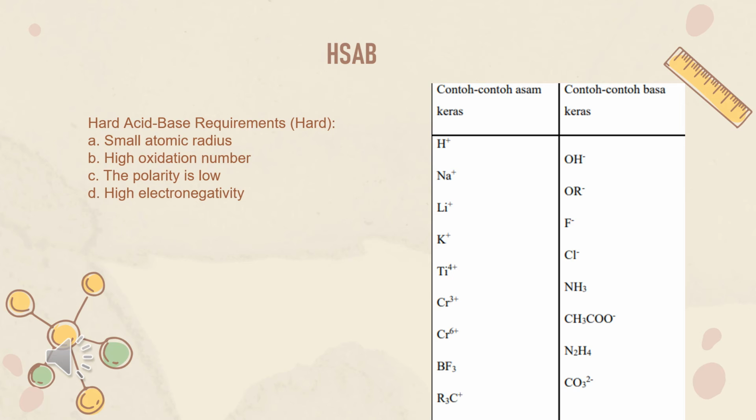Okay, and then the requirements for a hard acid-base. First is small atomic radius. Second, high oxidation number. Third, the polarity is low, and the fourth is high electronegativity. And the examples of hard acid and base.